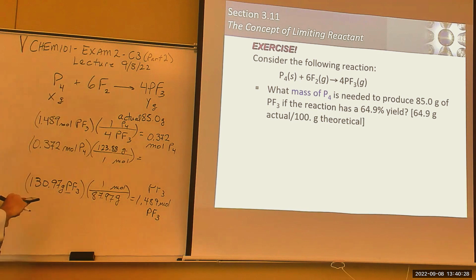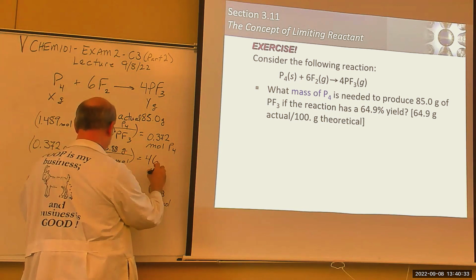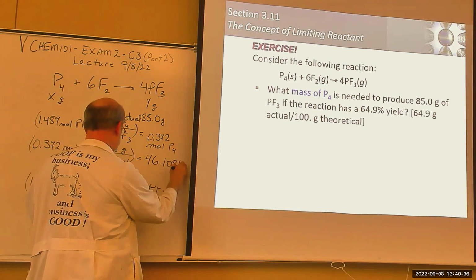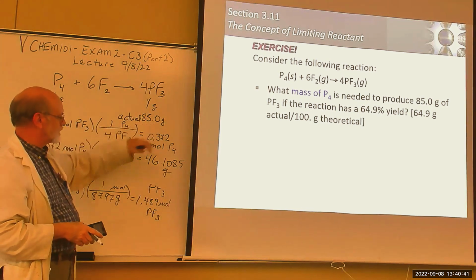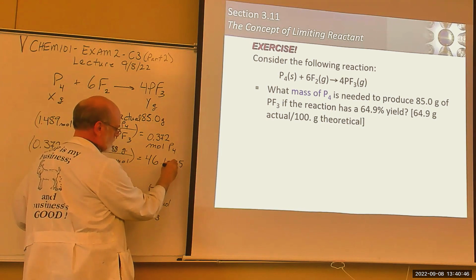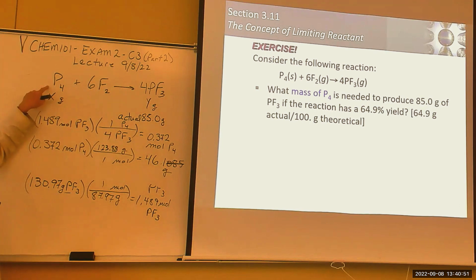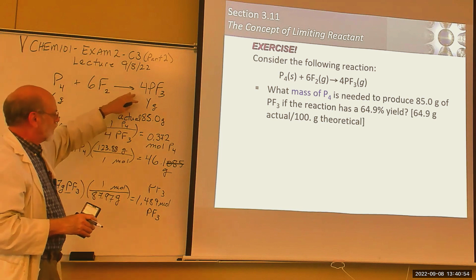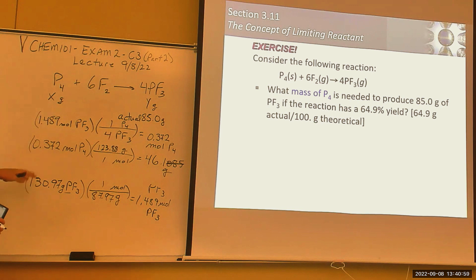Times that value, which is, my calculator says 46.1085. But we started with 3 significant figures, so we can only have 3. That's a 0. Let's go. 46.1 grams of P4 in this reaction will produce that much PF3 with 64.9% efficiency yield.